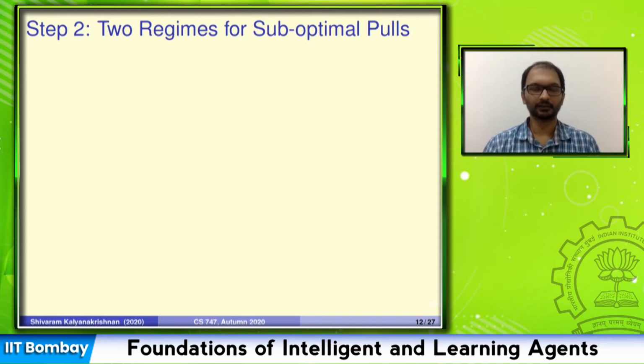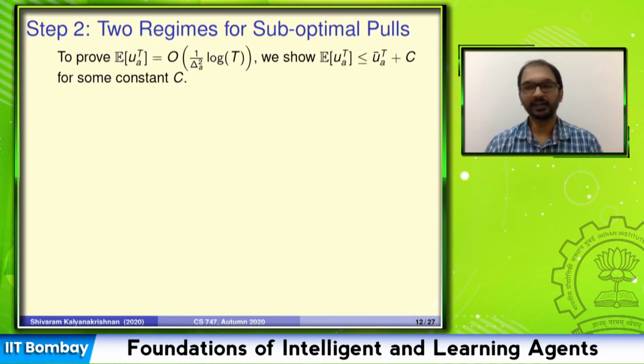Up next is step 2. What is this step? This step is going in the direction of bounding the number of pulls of suboptimal arms. What we are going to do in this step is divide the pulls of a suboptimal arm into two regimes. We have to show that the expected number of pulls is order of 1 over Delta squared log T. How we are going to do that is to show that the LHS is upper bounded by U bar_tA, which we know is in that same order, plus a constant.